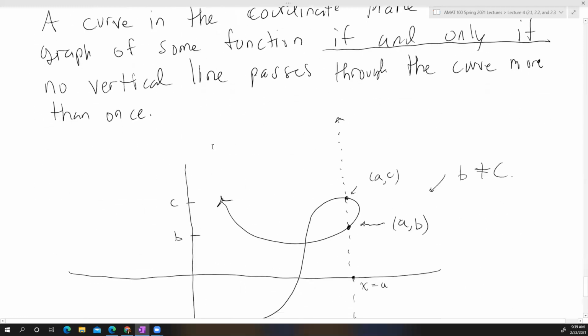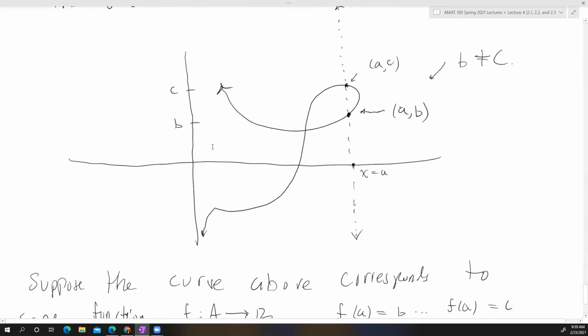So we gave sort of a proof or an example of the case where you have a curve and there is a vertical line which passes through 2 points. And what we proved is that if this is the case, then there can be no function corresponding to this curve. Because if you suppose there is a function that corresponds to this curve, then when you plug a number into the function, you get 2 different outputs, and that can't happen. That goes against the definition of what it means for f to be a function.